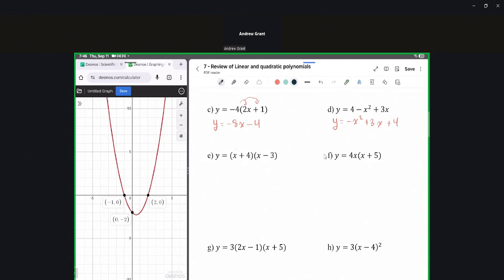So what most people would do to solve this one, and we're looking at y is equal to the quantity x plus 4 in brackets multiplied by x minus 3, also in brackets. So it's what we call two binomials multiplied by each other. You would take the x term and multiply it onto x, take the x term and multiply it onto negative 3.